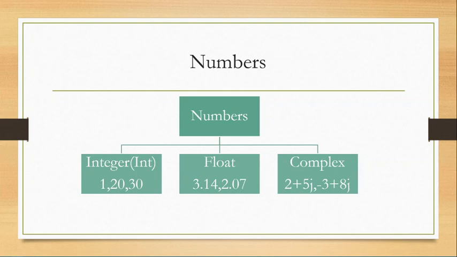Numbers also have their own subtypes: integer, float and complex. If you write a simple number like 1, 20, 30, a whole number, it comes under integer type.